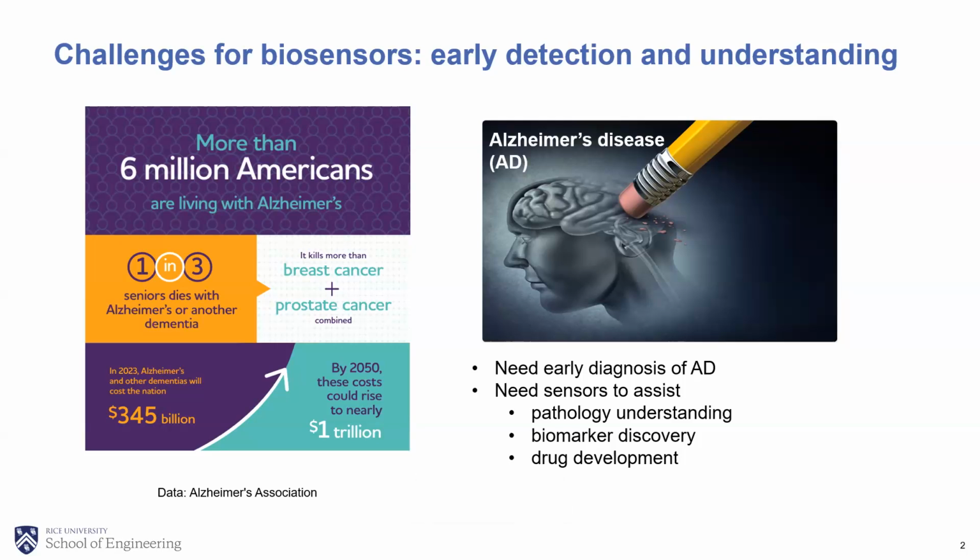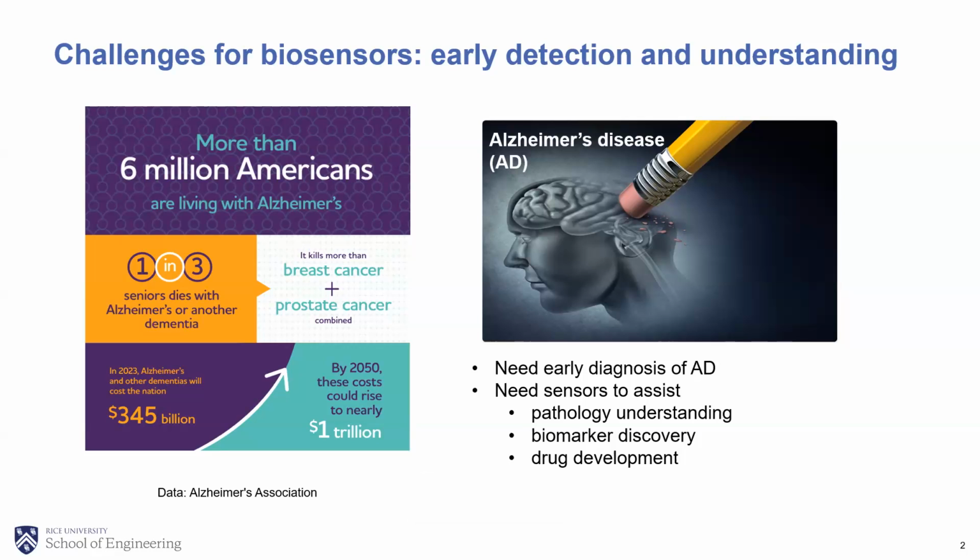So far, if a patient is diagnosed with AD, he or she is typically already in the late stage, and the disease progression is not reversible. This is mainly because we still lack a good understanding about AD, and we still have not fully identified the early diagnosis biomarkers. Therefore, we will need some biosensing technologies that can help us diagnose AD in the early stage.